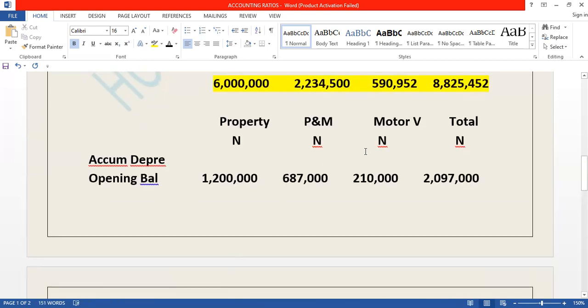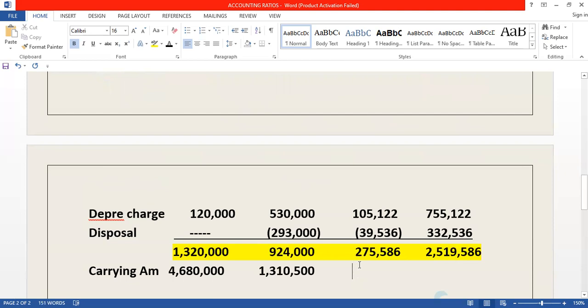Then 590,952 minus 314. Are we good with that?